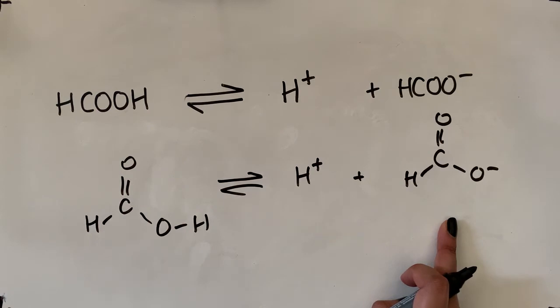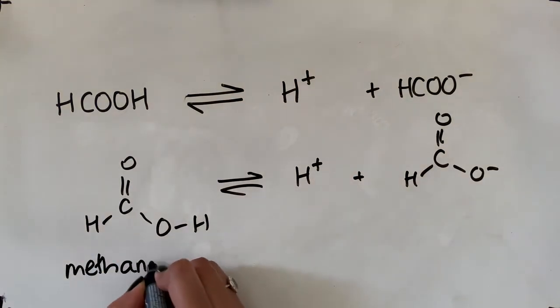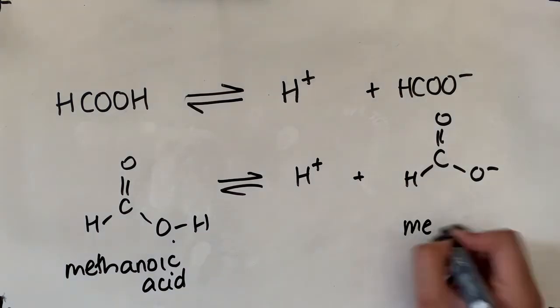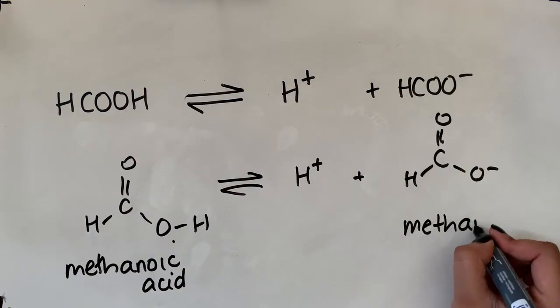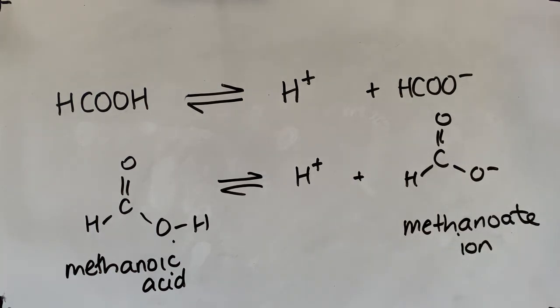The carboxylate salt is named after the acid that it was formed from. This was methanoic acid, so this is called a methanoate ion. That's how we can show that carboxylic acids act as a weak acid by showing their partial dissociation in solution, like so.